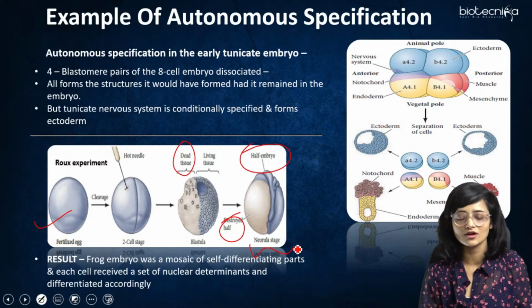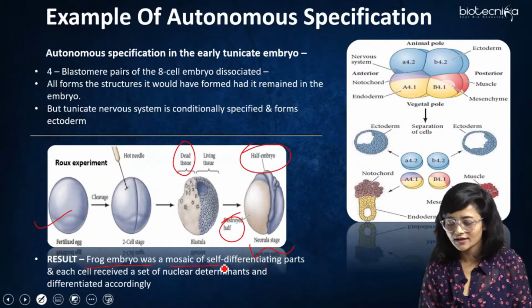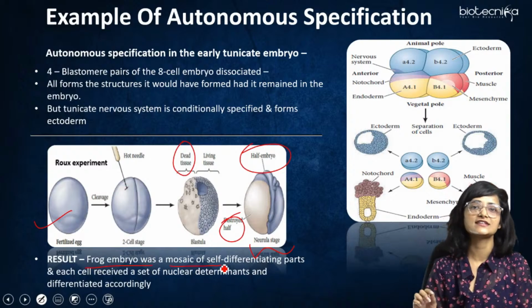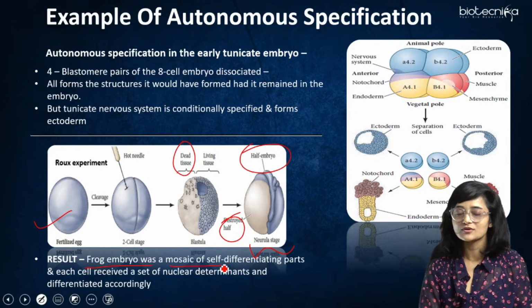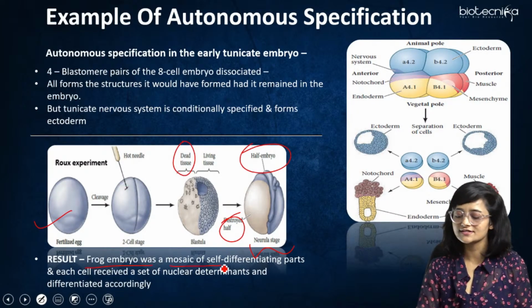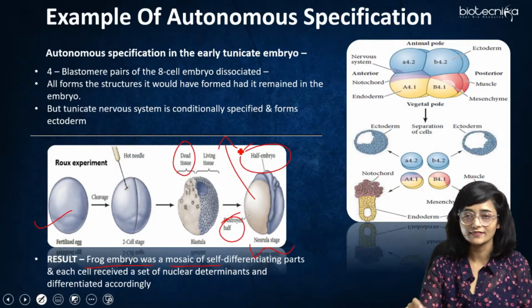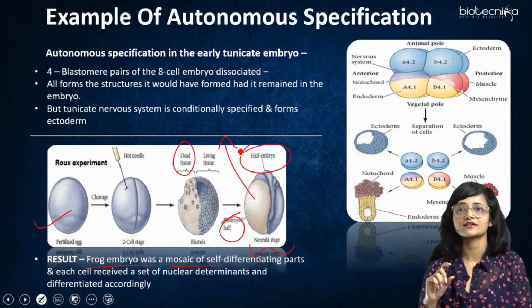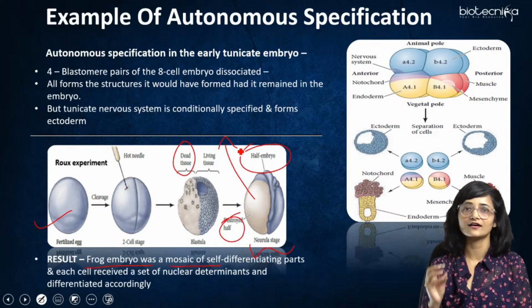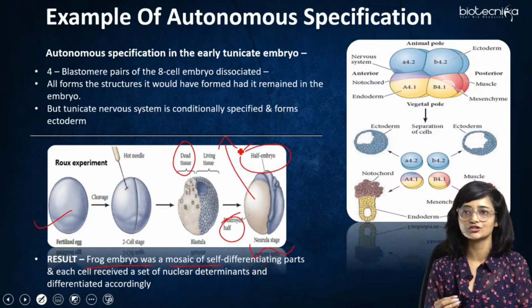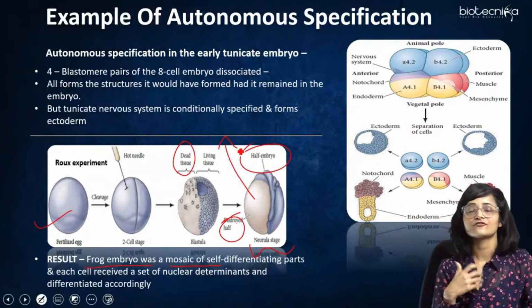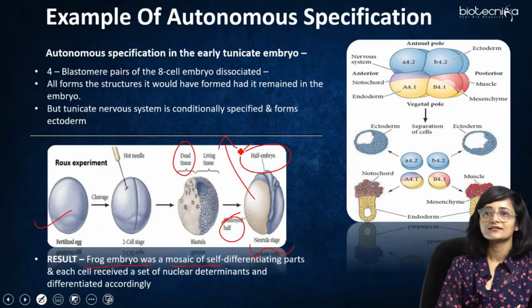So the result here was that the frog embryo was a mosaic of self-differentiating parts. So a mosaic is formed here. Those cells which were responsible for producing a certain type of cells in this half part were removed. When they were removed, tissues got destroyed, and they produced dead tissues. From this the conclusion can be made that those cells were required to produce a certain kind of cells.